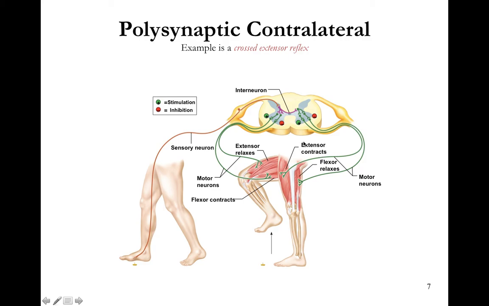We have to have extensors contracting and flexors relaxing. Am I going to ask all of that detail? No, but if I show you this diagram, you should be able to tell me that it's a polysynaptic contralateral reflex arc, because look, sensory information coming in through one side, and we have motor information exiting through the other, okay?